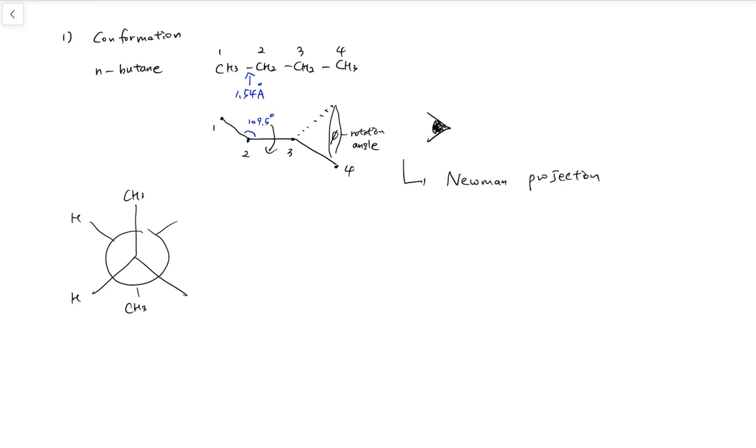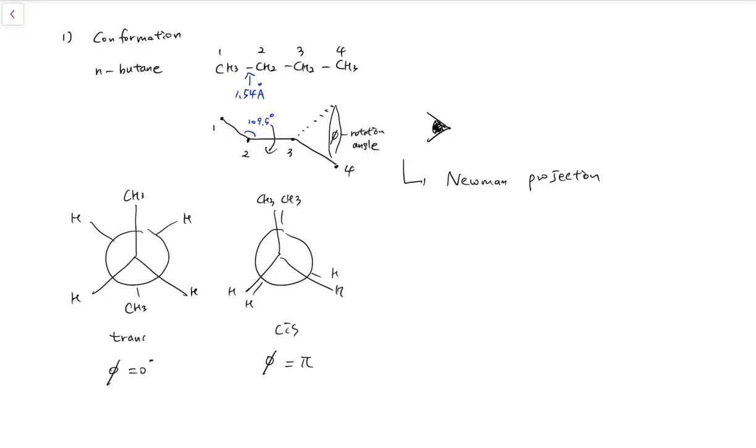So it could have different conformations such as trans, right? So methyl groups are located in opposite positions, so this is trans when rotation angle is 0, okay, or when rotation angle is 180 degrees or pi, the methyl groups will be located in the same position, which is this, right?